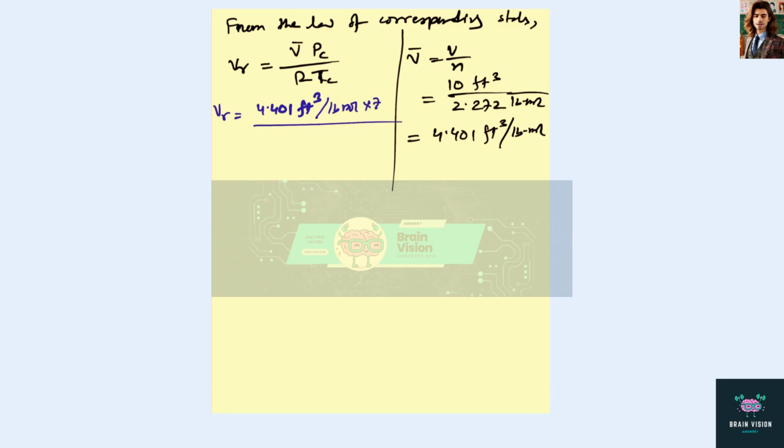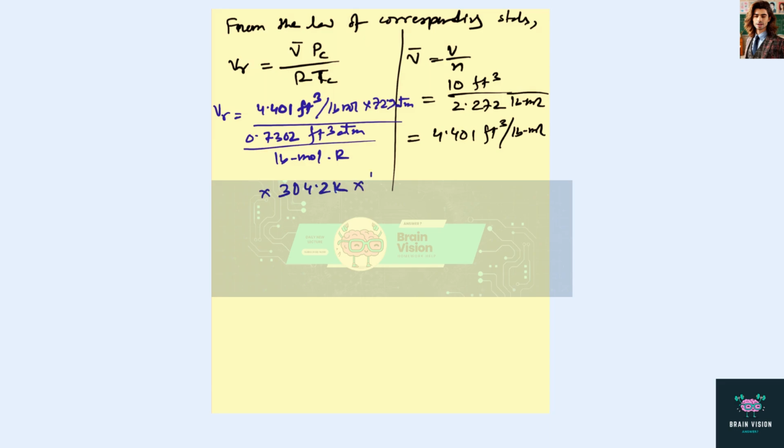The critical pressure is 72.9 atmospheric pressure, gas constant is 0.7302 feet cube atmospheric pressure per pound mole Rankine. The critical temperature is 304.2 Kelvin.